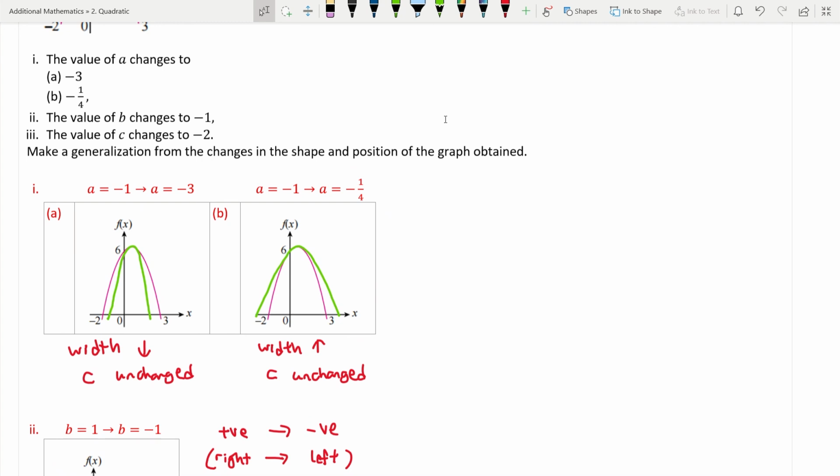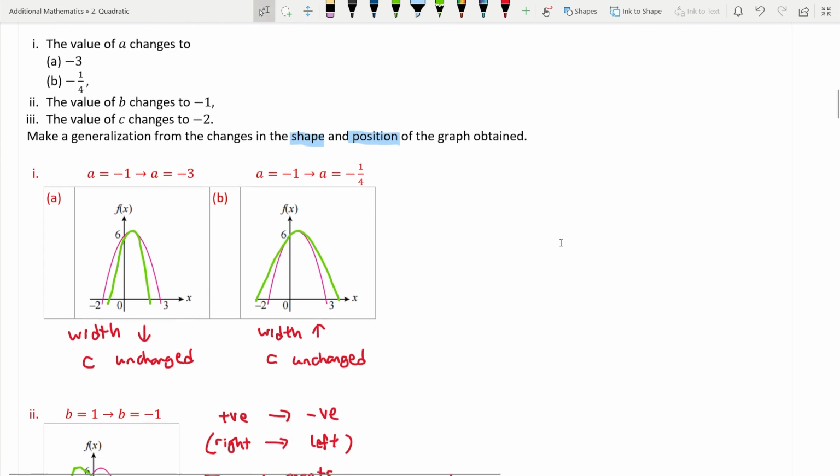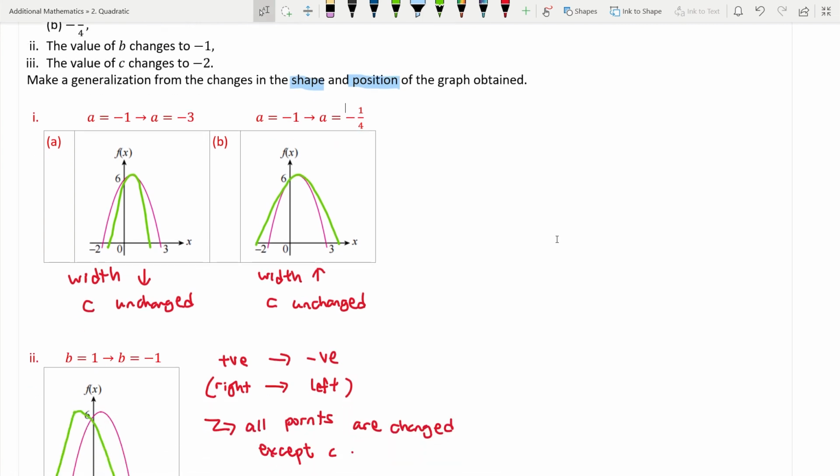Make a generalization from the changes in the shape and the position of the graph obtained. Let's make a conclusion from the results we get. When the value of a changes, the shape of the graph will change because the width changes, but the y-intercept does not change.